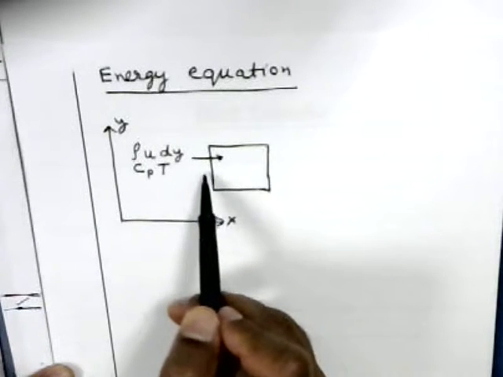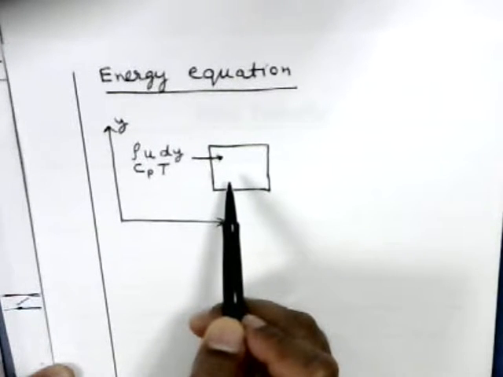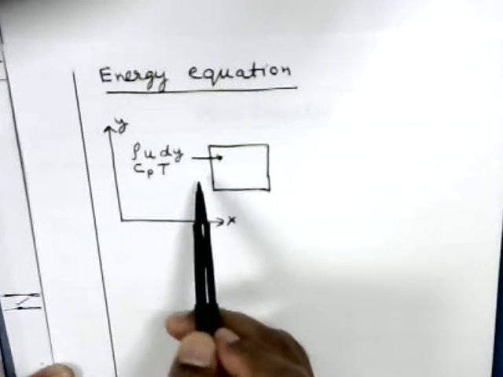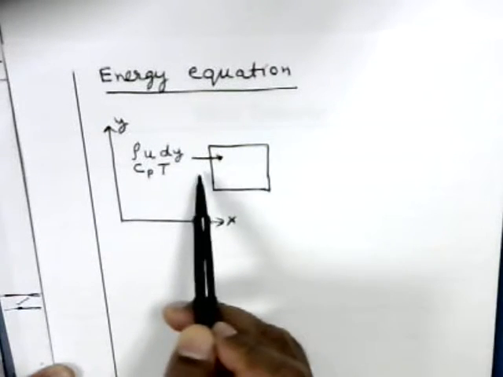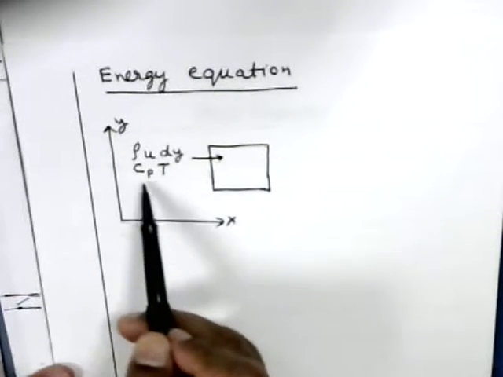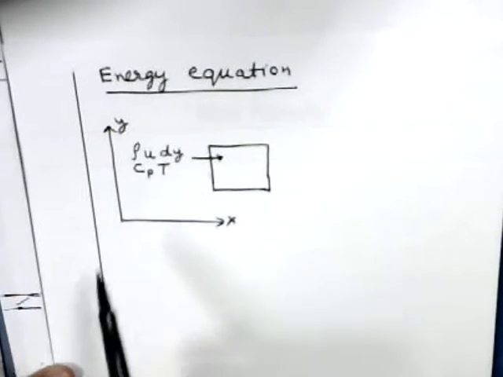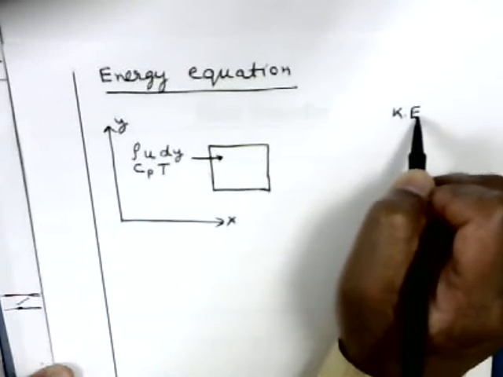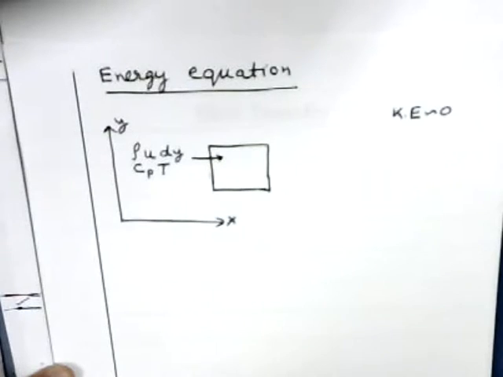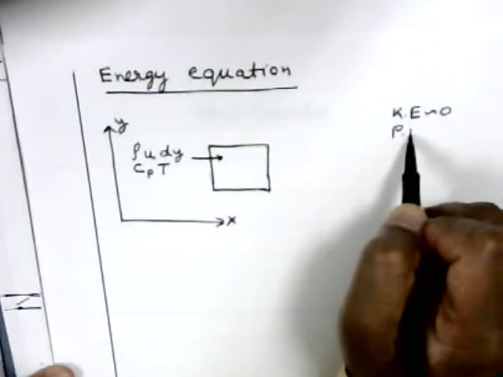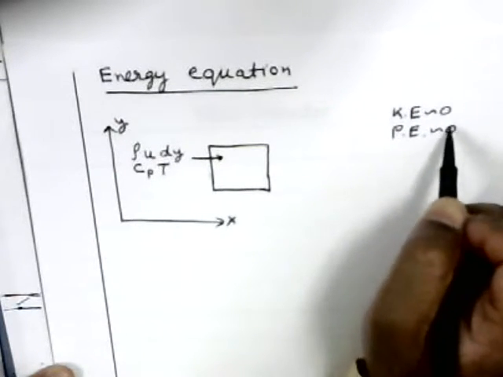We are going to neglect kinetic energy because in heat transfer problems, a lot of the time the effect of kinetic energy in the energy equation is negligible in comparison to the internal energy or enthalpy term. So we are not going to consider kinetic energy, and also potential energy, gravitational potential energy, its effect is negligible.